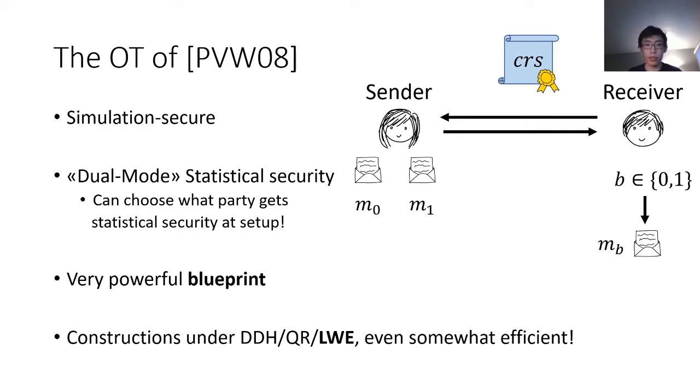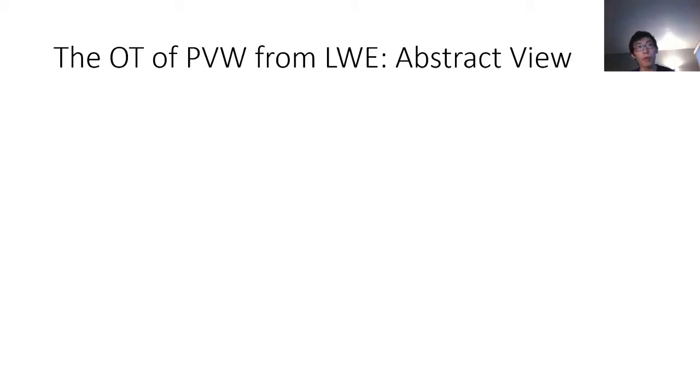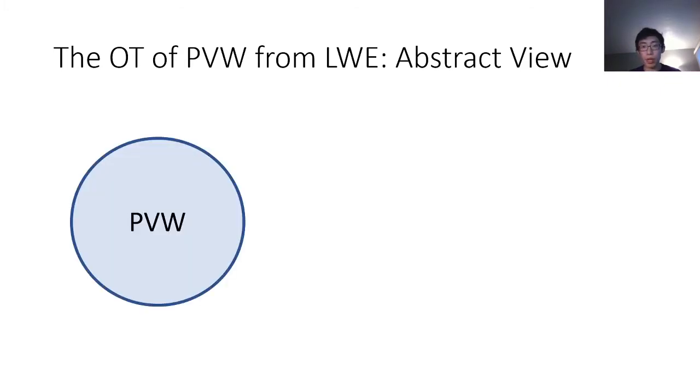One particularly nice feature about those constructions is that they are somewhat efficient. They are not unreasonably efficient, and they're still potentially implementable. So that looks very cool. So what's the problem?